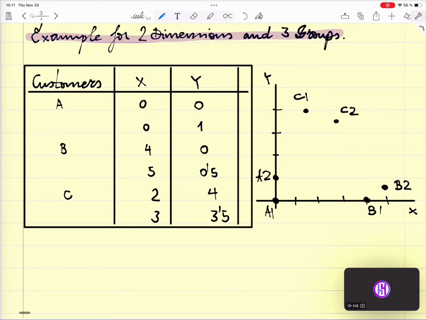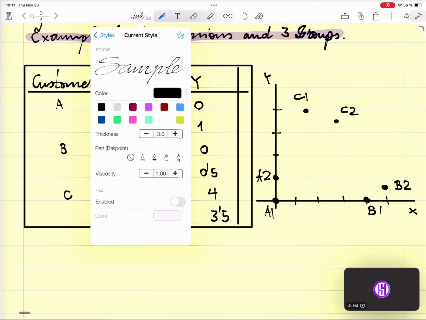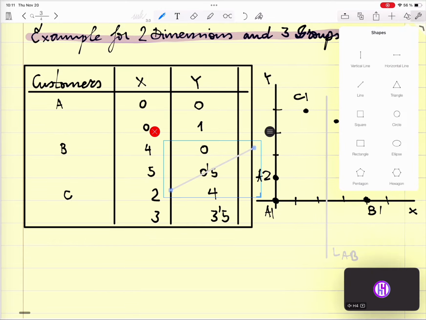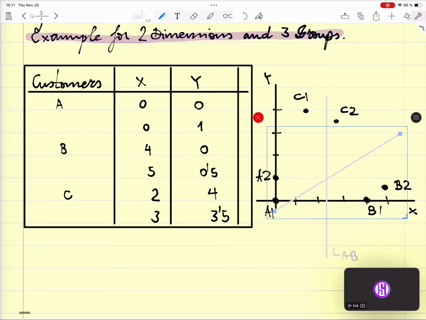Okay? So the way to do it is we are going to, now please pay attention, we are going to find the separating lines between A and B. Okay, this is the line, separating line between A and B. Then the separating line between B and C. Okay, it could be like this.